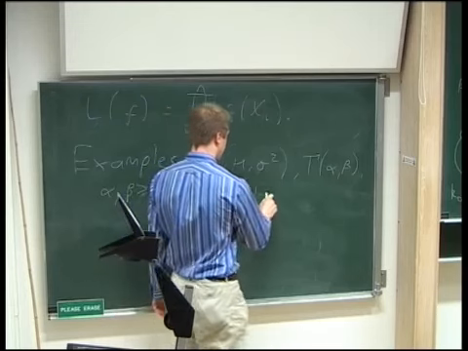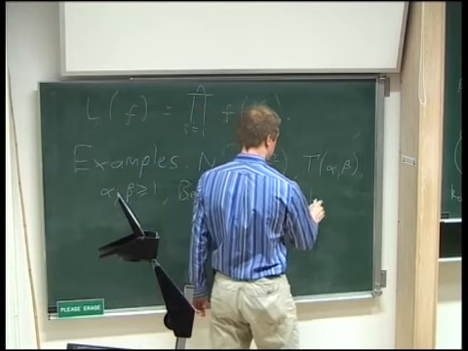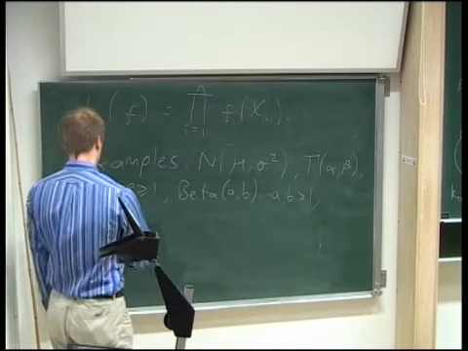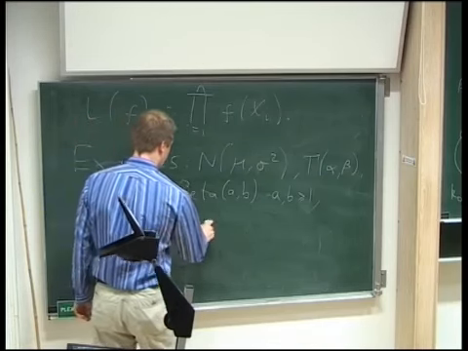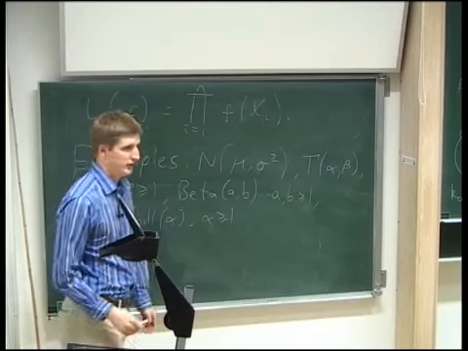Beta A B densities with A and B greater than or equal to 1. Weibull densities, with parameter alpha greater than or equal to 1, and so on.